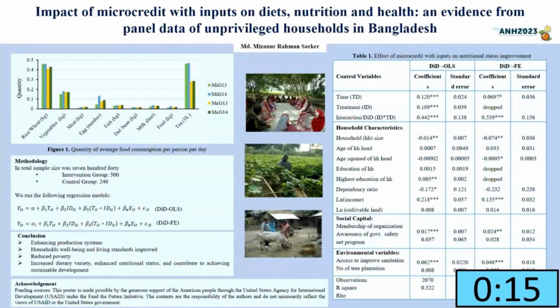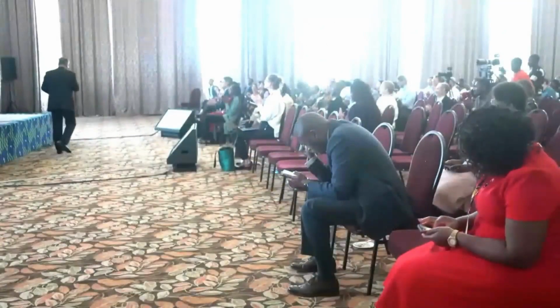Then finally, the impact was estimated using difference in difference OLS method and fixed effect model. Then microcredit with inputs has an impact on nutrition, health, and other basic conditions. Thank you.